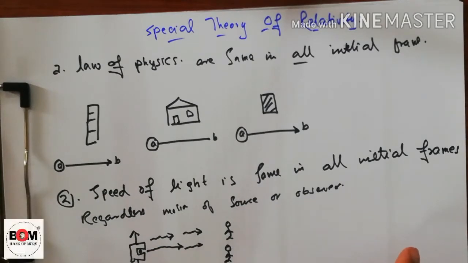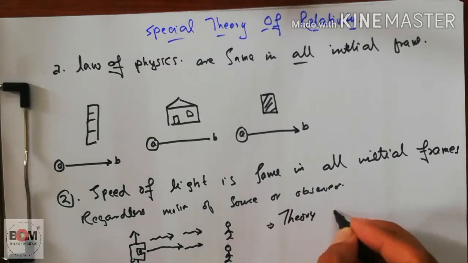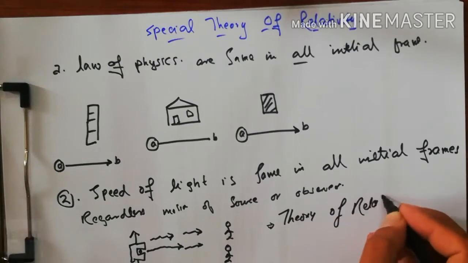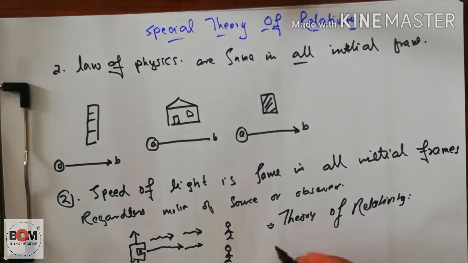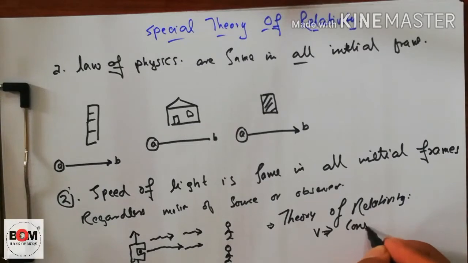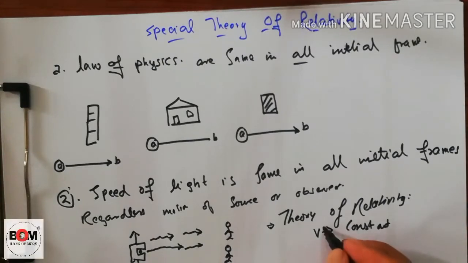Now, the theory of relativity assumes that the velocity of light is constant, then time is relative as well as space. Velocity is constant while time is relative.